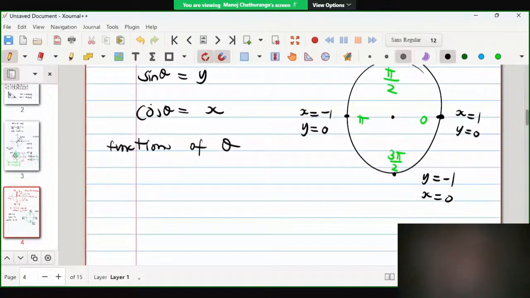If somebody says theta equals 300 degrees, that is 60 degrees shorter than 2 pi, so that means somewhere here.